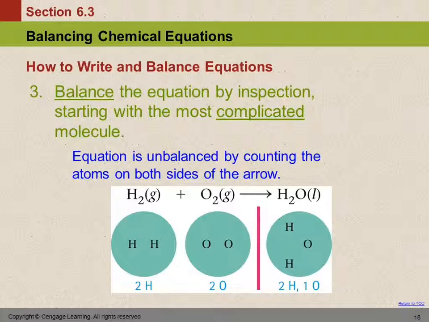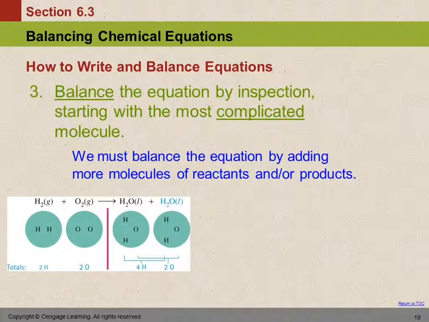So the equation is unbalanced. We look at it and see that there's something wrong here. Then we're going to balance it by adding more molecules of reactants or products, whatever we need. You can't take things away. All you can do is add things.